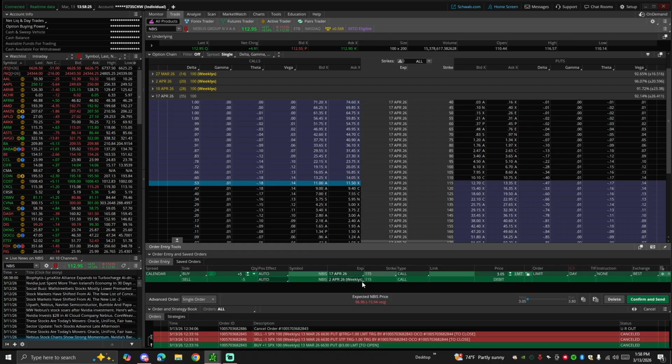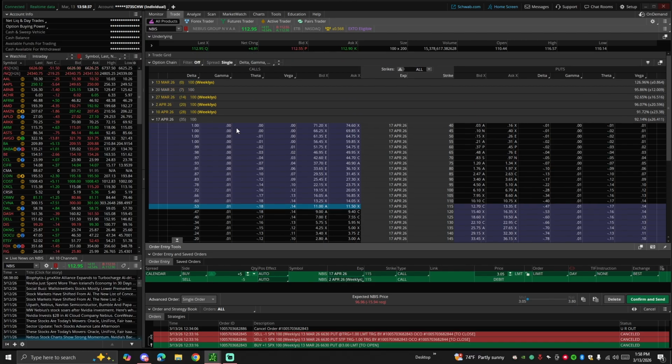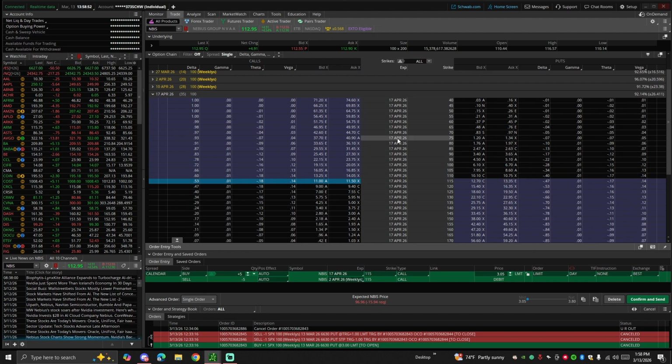If I'm doing a calendar spread, I might sell the near term April weekly and buy the far term April. In this example, I'm selling the same strike 115, but I'm selling the April 2nd, which is only 20 days, and then I'm buying the 35 day, which is April 17th. So that's a calendar, and we get the most value out of our calendar spread in this instance if NBIS pins itself to 115. That would be max profit.